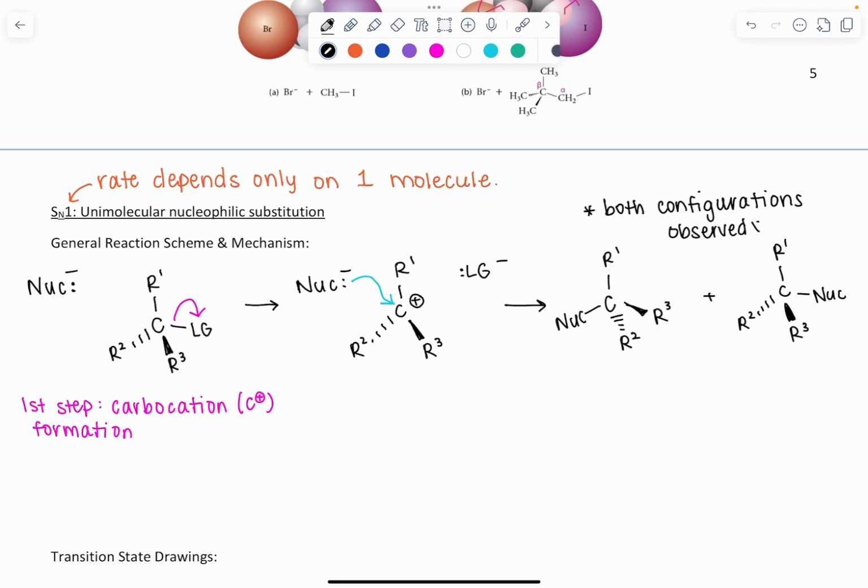So that's one big difference between SN2 and SN1. When you're thinking about products specifically, in SN1 you observe both configurations. SN2 is just one configuration.